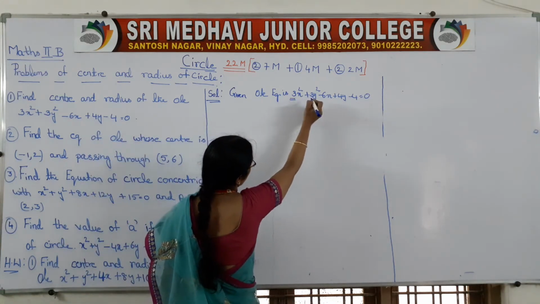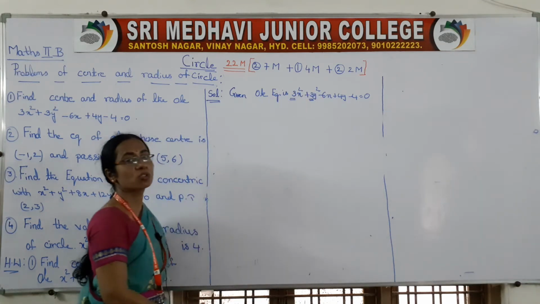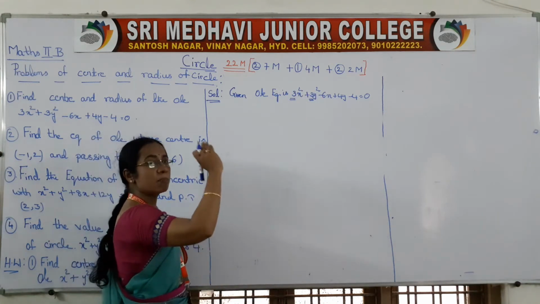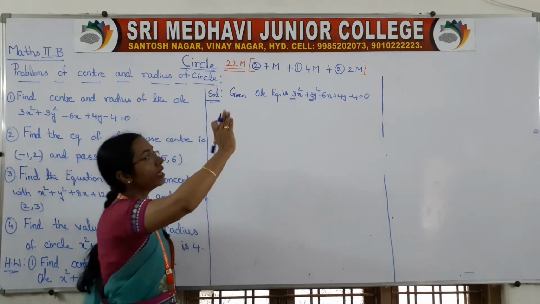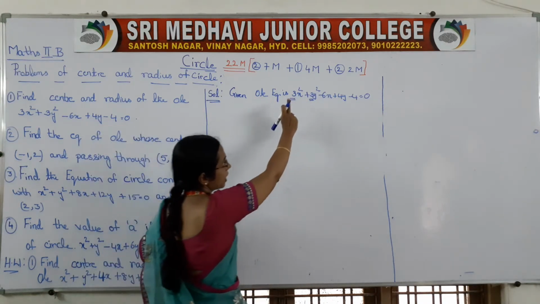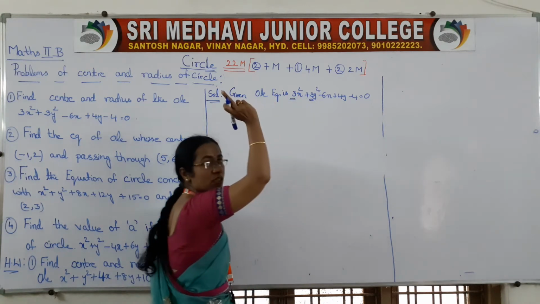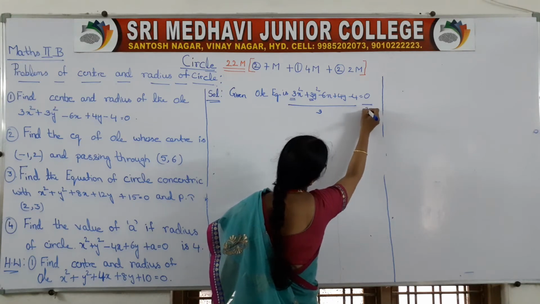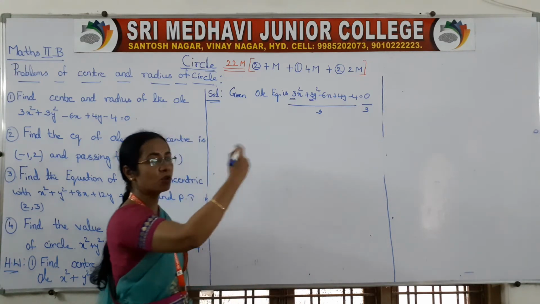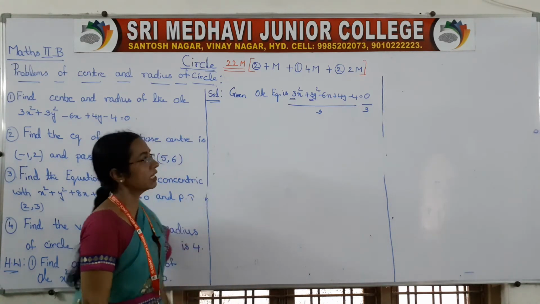Already I said to you, compulsorily the coefficient of x square and coefficient of y square must be equal, as well as must be equal to 1, not any other number. So, here we are having 3. So, that's why we divide this equation on both sides by 3.